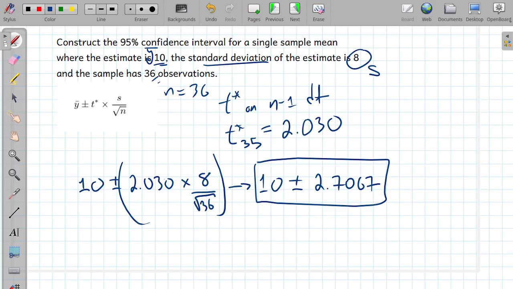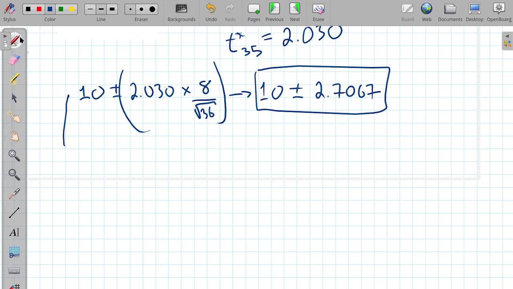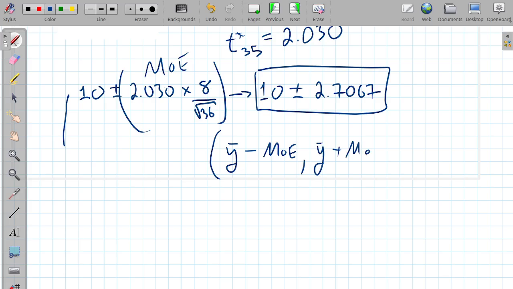Now, to turn this into a proper interval, what we need to do, I didn't get the right click there, let's try that. For the proper interval we're going to have y bar minus the margin of error, and remember, this is the margin of error, and then we need y bar plus the margin of error.